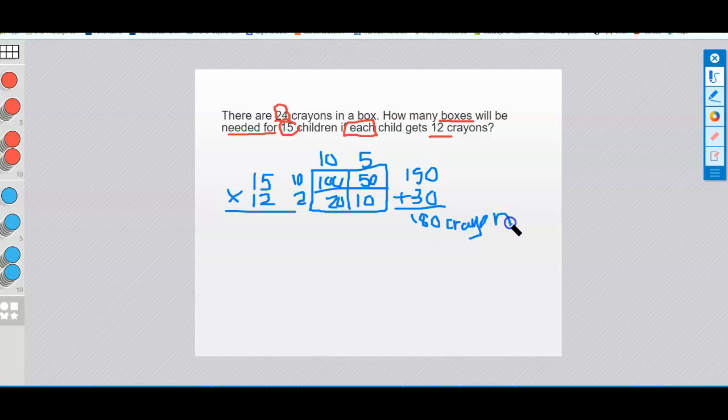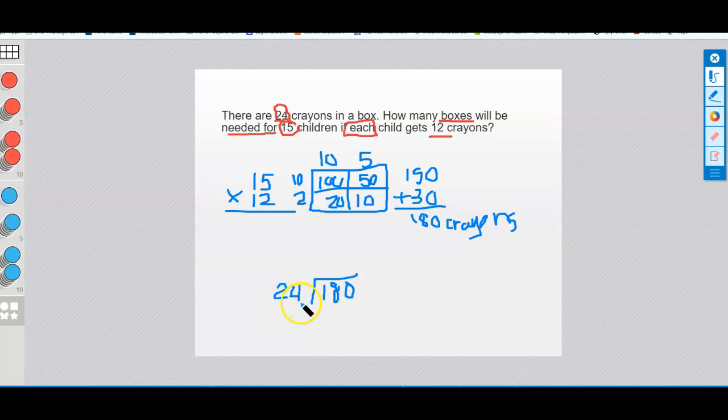And now we need to break it up. If we know that we need 180 crayons and that there are 24 crayons in a box, how many boxes of crayons are going to be needed? So you might be a little intimidated, like, oh my goodness, that looks like some hard division. Well, there are some strategies I can help you with to solve this.